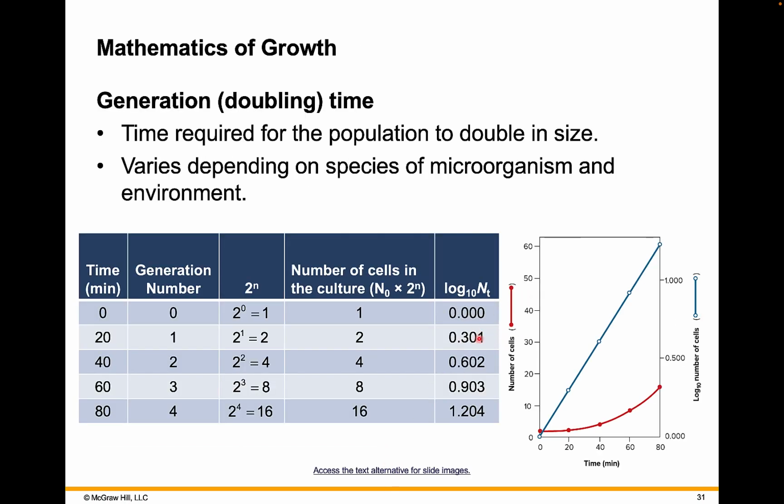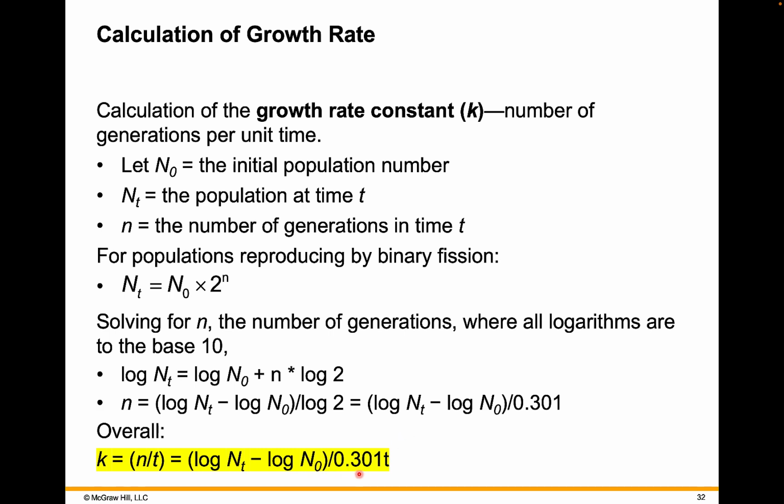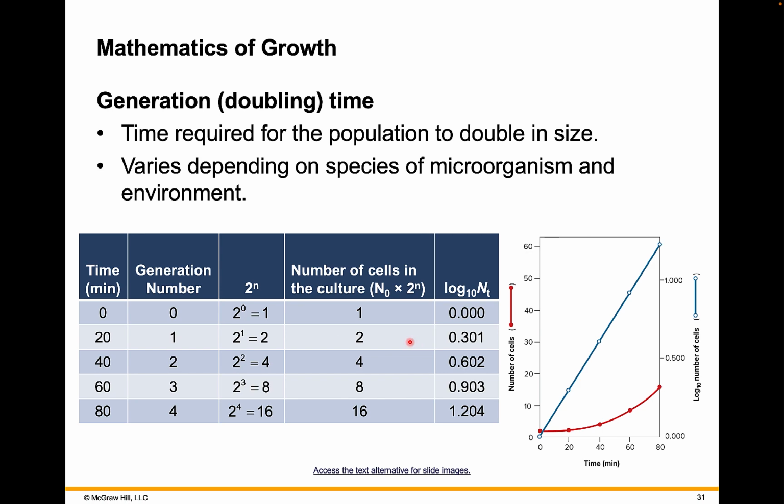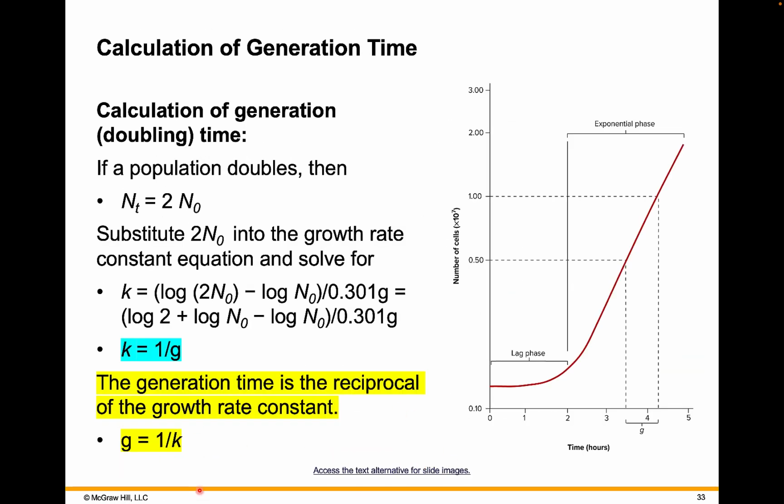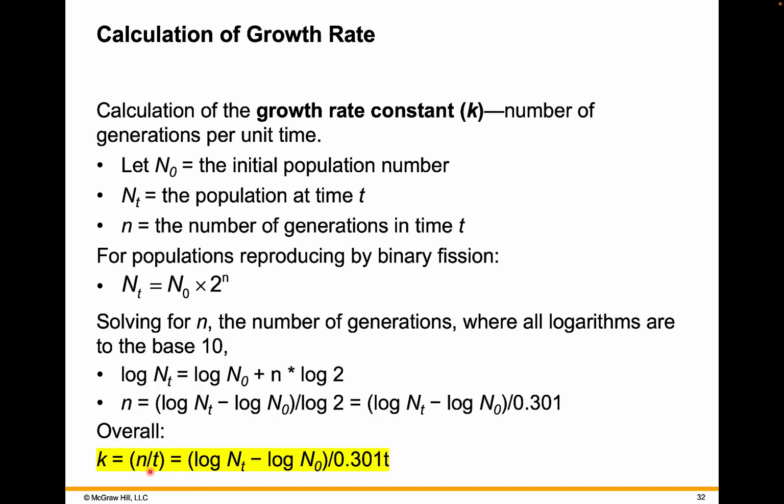Right here, 0.301, as you can see, is your log 2. So this gives you the growth rate constant.